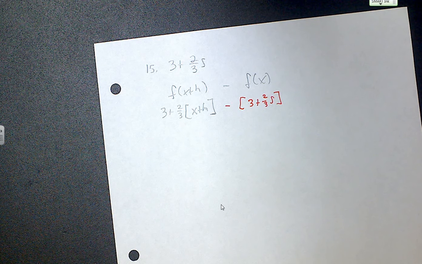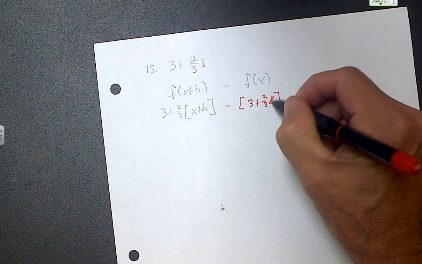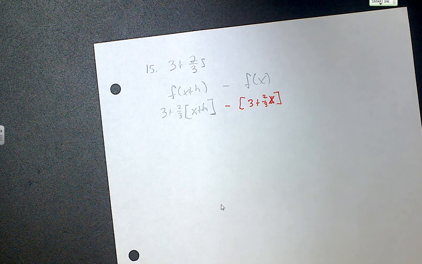Well, s is a placeholder, so I'm replacing s with x plus h. Over here I'm replacing s with, that should be an x, you're right, I'm sorry. I see what you're saying. That should be an x right there. I'm leaving it as s's. The variables are irrelevant, it does not matter, okay?